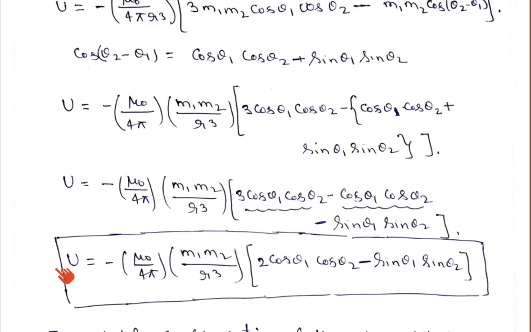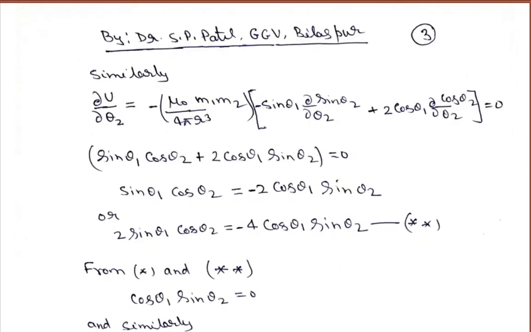The second and third possibilities are ruled out, only the first and fourth remain. In one case theta 1 and theta 2 are equal to 0, and in the other case theta 1 is pi by 2 and theta 2 is minus pi by 2. The case with the minimum energy will be the stable configuration out of the two remaining possibilities. That is what I am going to do now.